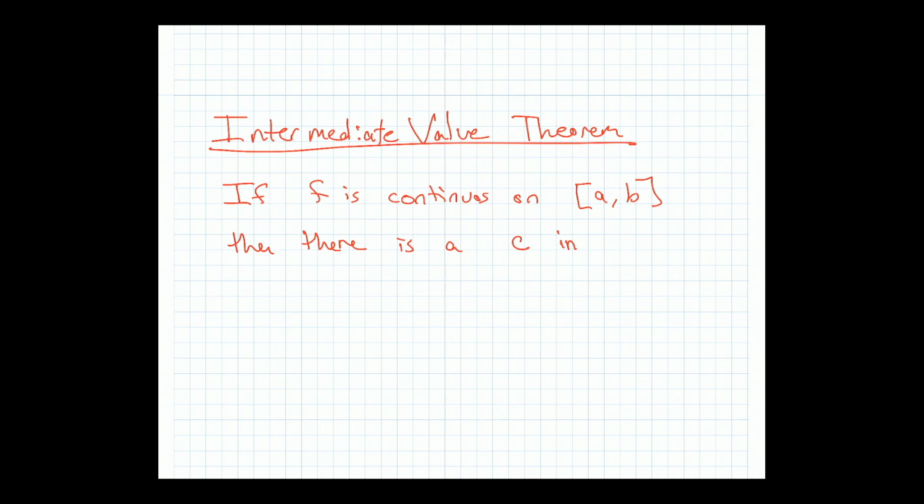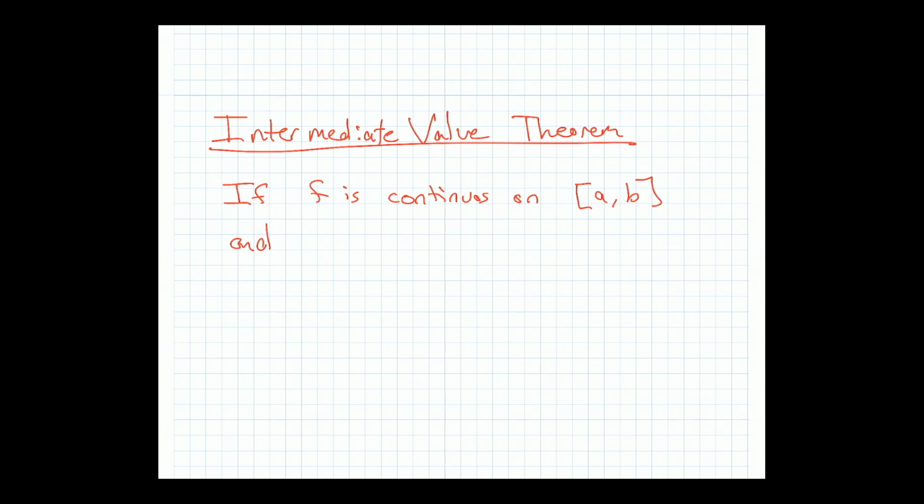Sorry, I have to erase this, I said it wrong. I should have thought about the intermediate value theorem before I started writing it. So if f is continuous on a, b and, let's see, K, how do we use K? No, I want to use the letters that the book uses. Sorry. They use a Z. Okay.